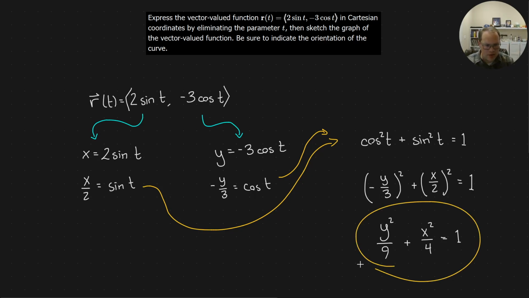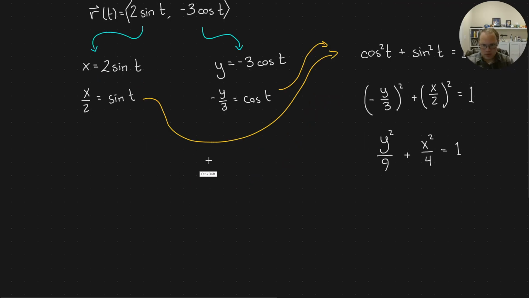And hey, that does look familiar. That's an ellipse. It's an ellipse centered at the origin. So I'm going to go 3 units out in the y direction, up and down.